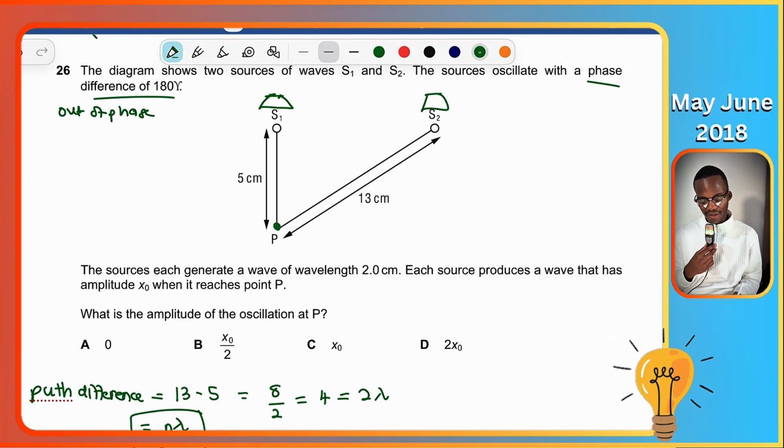So if they were to arrive here out of phase, because they're out of phase by default, this change would basically put them in phase.